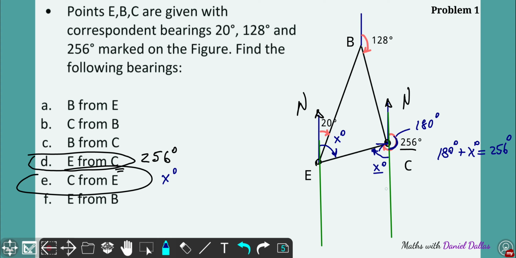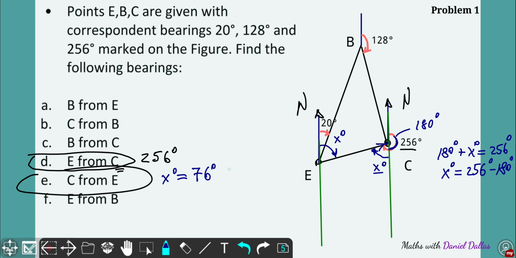Okay, 256. So in total, we can figure out X as simply the difference, 256 minus 180. Okay, if you operate, you'll get 76 degrees if you subtract.